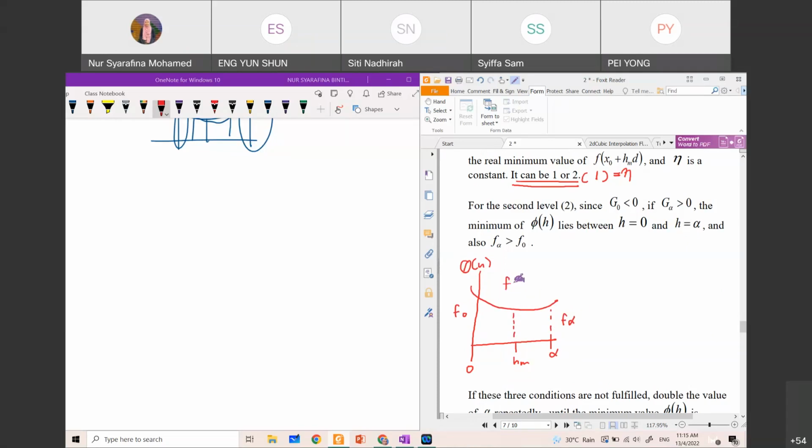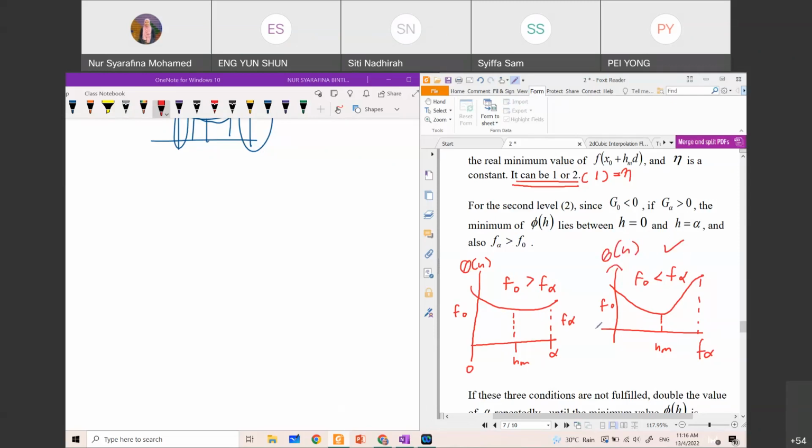So this is when f0 is greater than f alpha. This is when f0 is less than f alpha. As you can see, the minimum lies when h is from 0 to alpha, and g alpha is greater than 0.